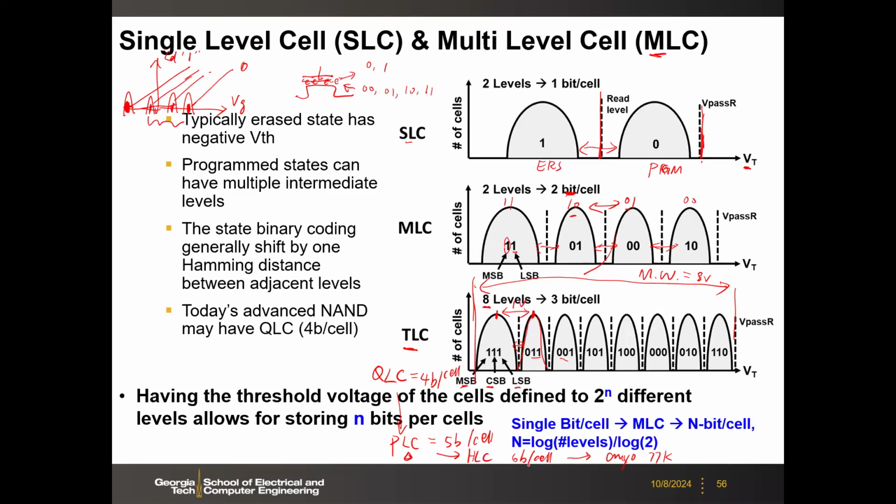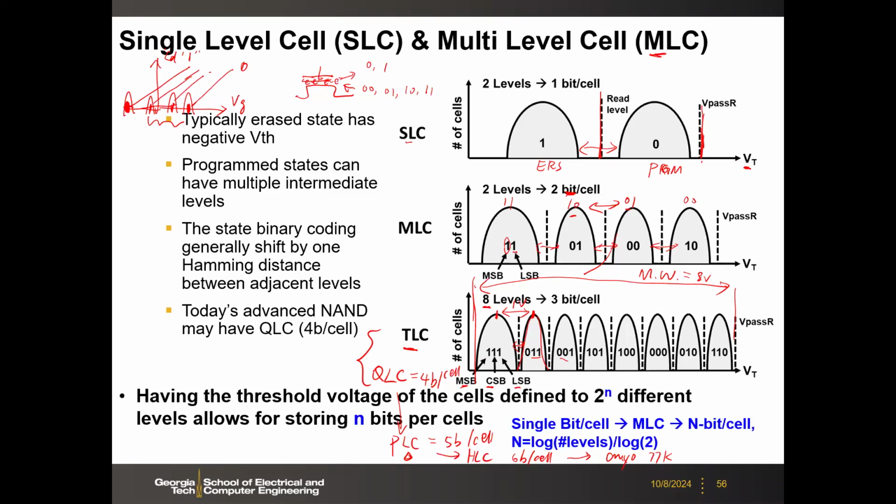So this is not a linear increase, because every time you add a bit, you're going to double the number of levels. 4 bits per cell is already 16, and 5 bits is 32, and 6 bits will be 64. So crazy. But on the market, most products you buy nowadays will be TLC and QLC. Okay.